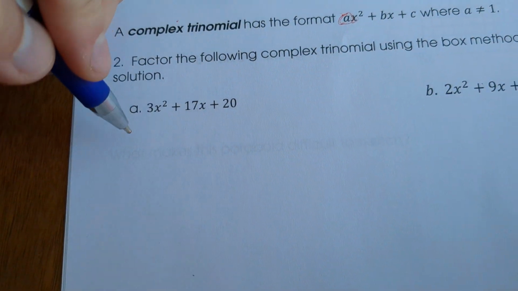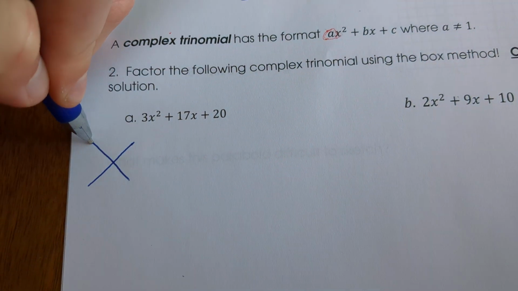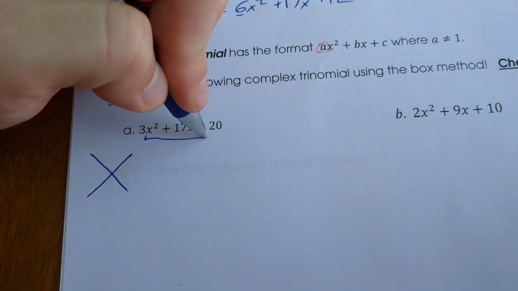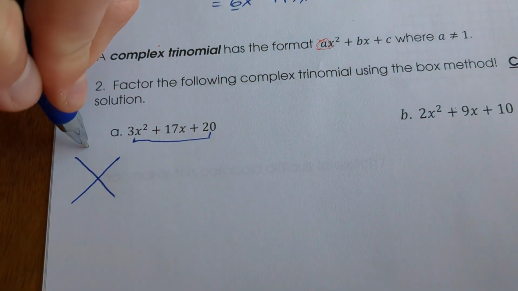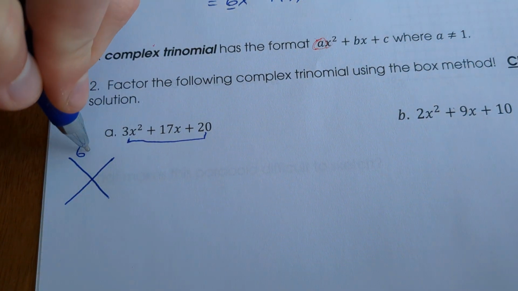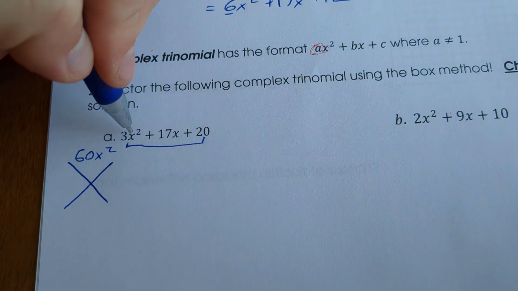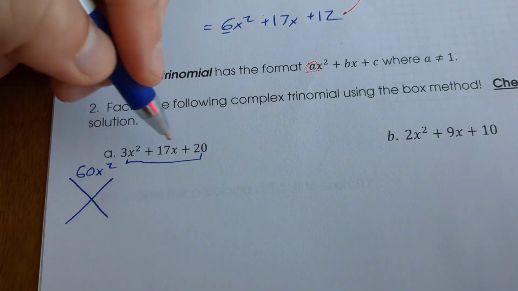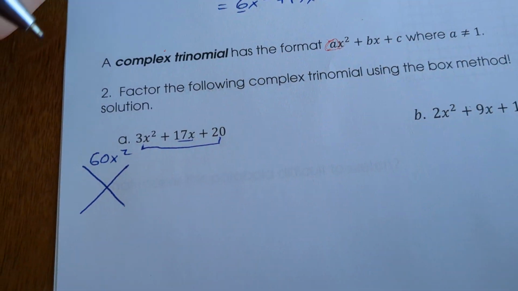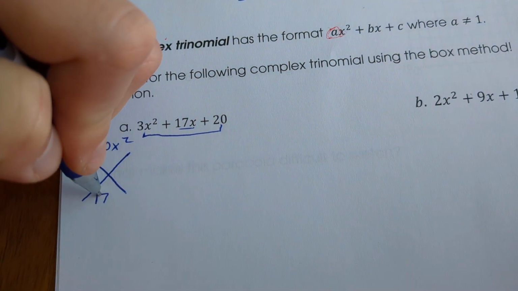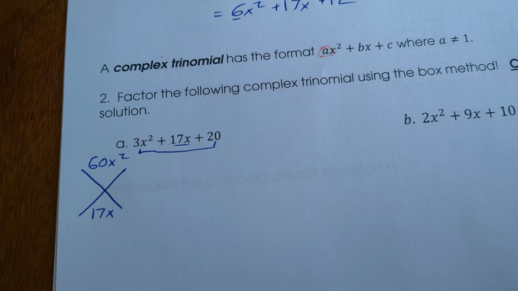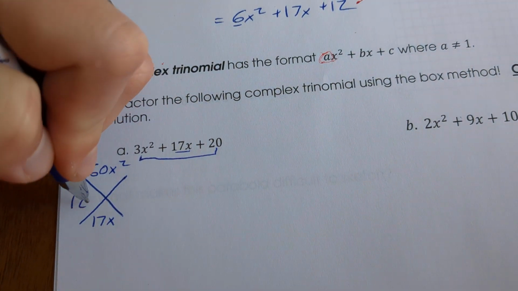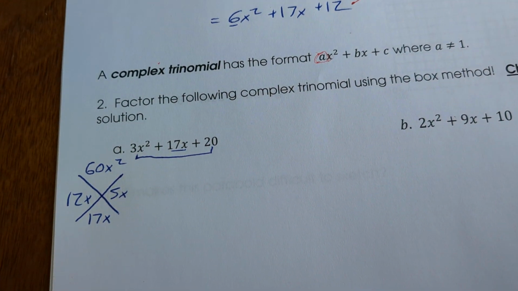So if we're looking at factoring this one, we're going to start with our cross. In the top of the cross, we multiply the first and the last term. So 3 times 20 is 60x squared. Then the middle term, 17x, goes in the bottom. Two numbers that add to 17 and multiply to 60 would be 12x and 5x.